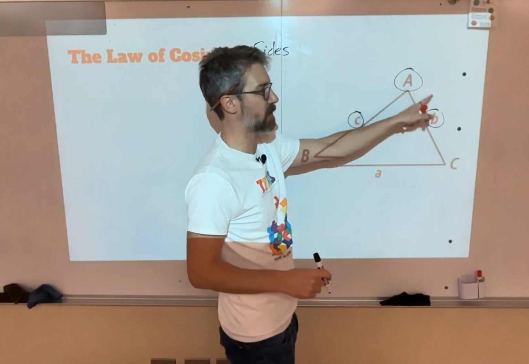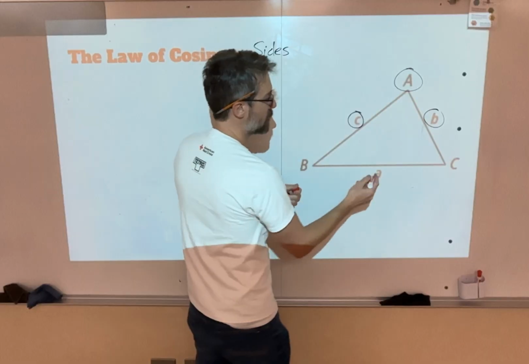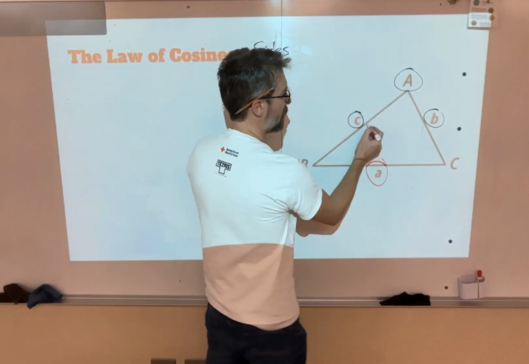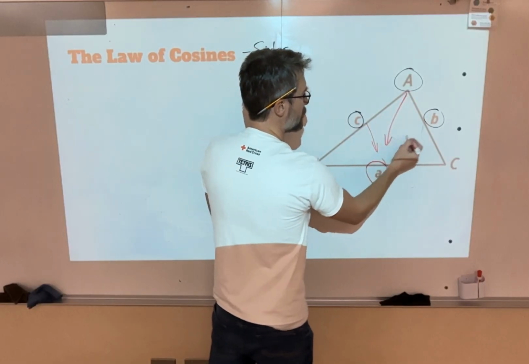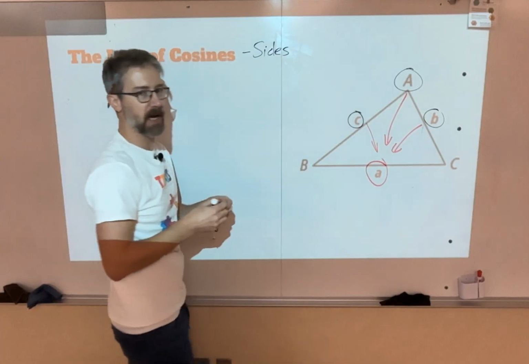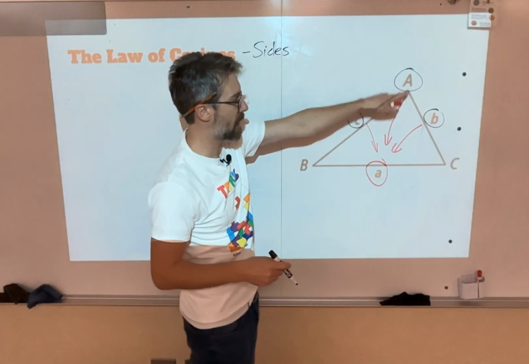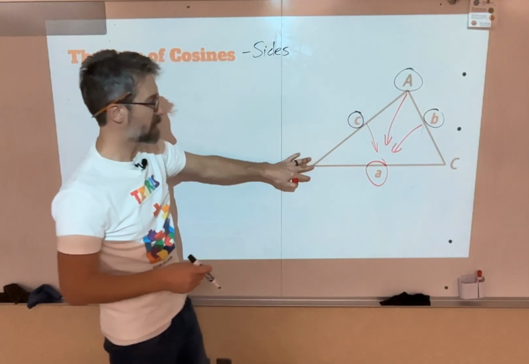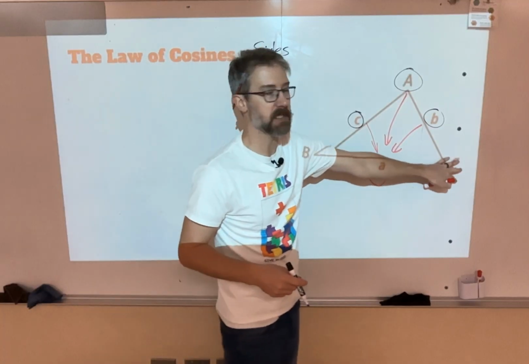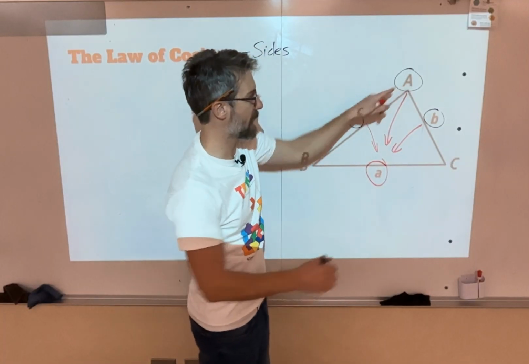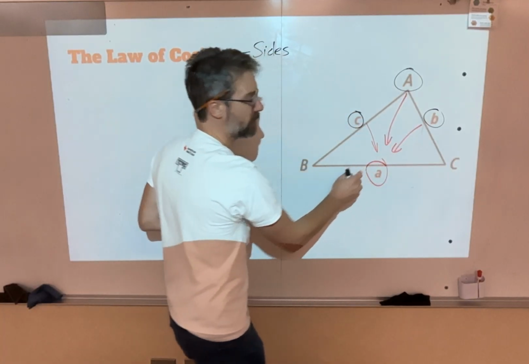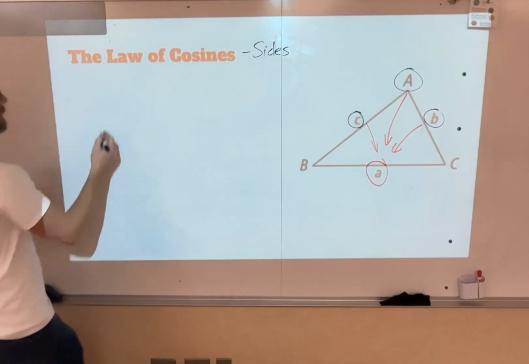So side, angle, side. I can use that to now find all of these things. I can use that to figure out what that opposite side is, the one that's opposite angle A. Notice I'm not using angle B, I'm not using angle C here. I'm using angle A and the two sides next to it to figure out what side A is.